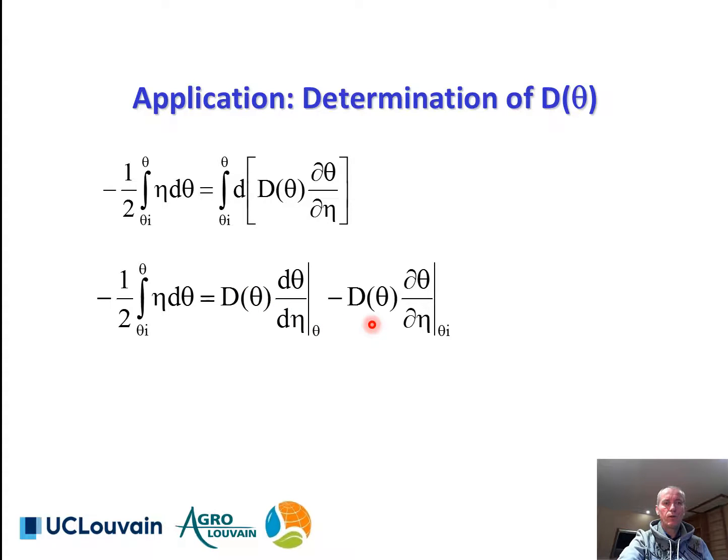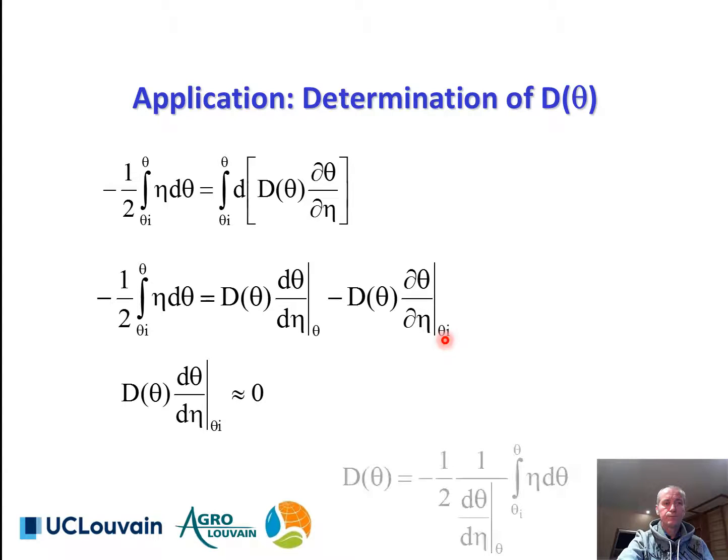Now, in this right-hand term, we consider that the last term here is close to zero. So that means that we actually consider that the water content will not change a lot when we are approaching theta i, the initial water content. So if we do that, then we come up with this equation, which allows to isolate D of theta.